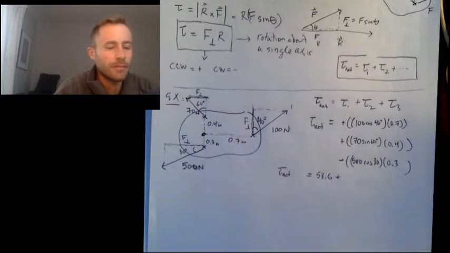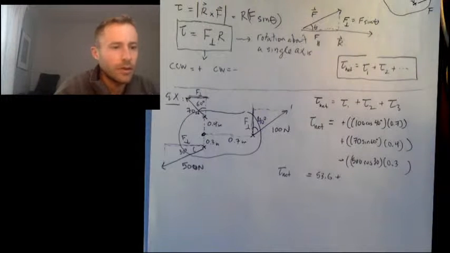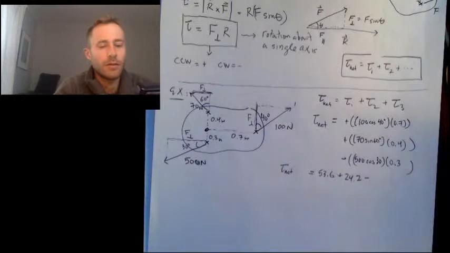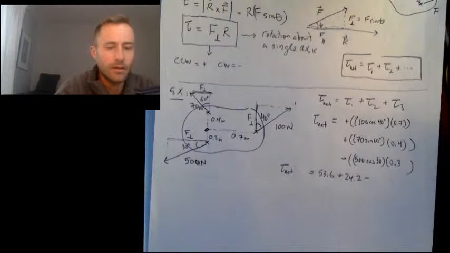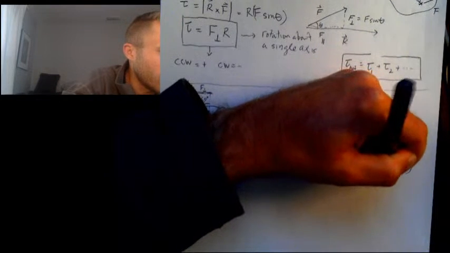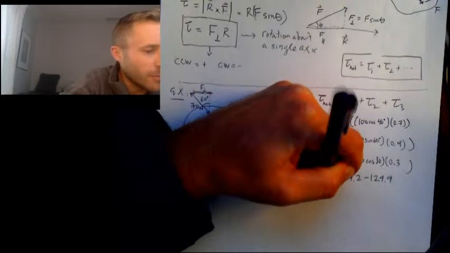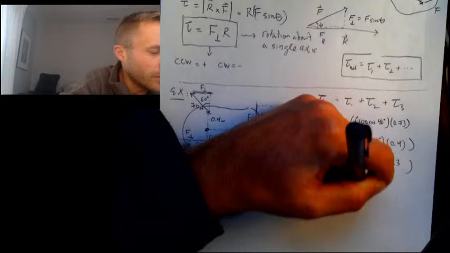The second term is 24.2. And the third term is 129.9. So combining all those gives a net torque of minus 52.1 Newton meters.